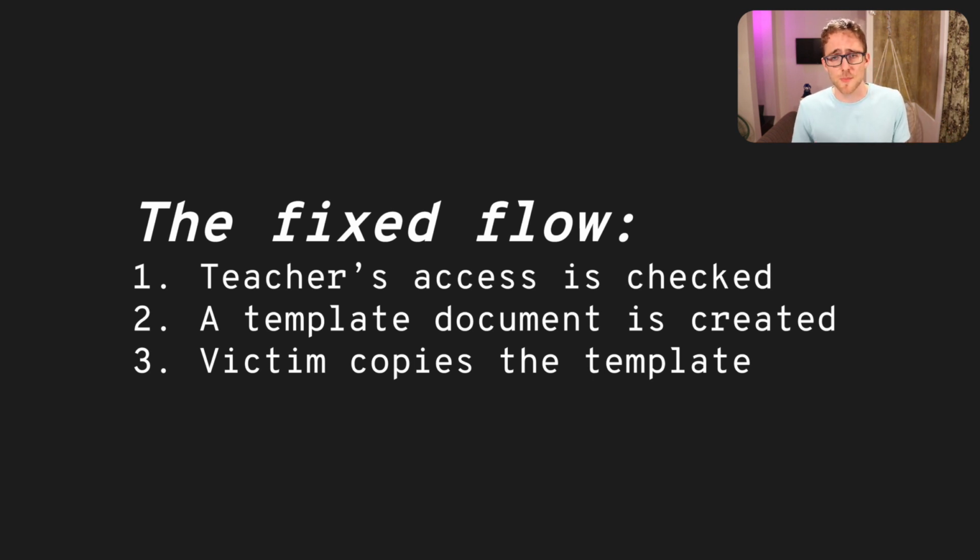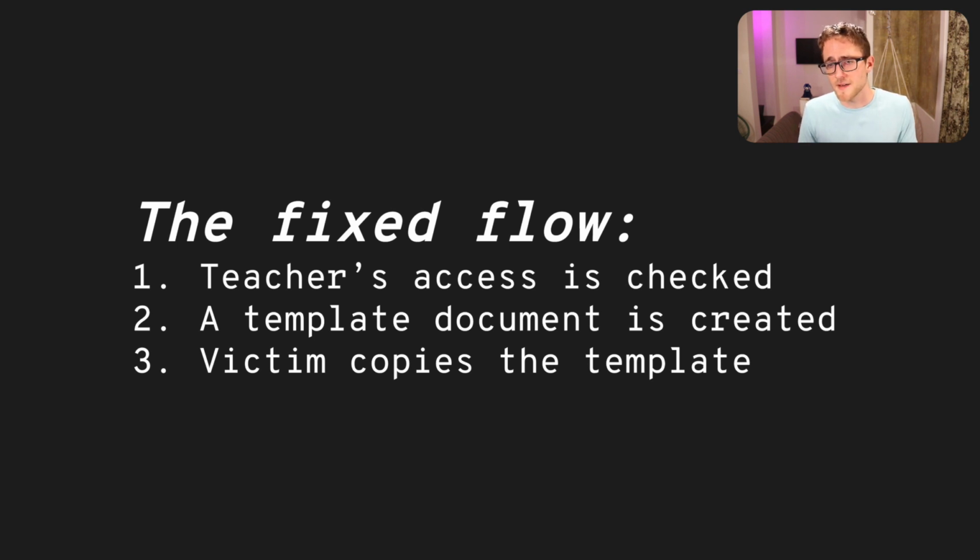This new "make a copy for each student" flow looked like this. First, the teacher saved the assignment, which had a document attached to it. Second, the classroom tried to make a copy of the document from the viewpoint of the teacher. If that was successful, then the copy was saved as a template in the Google Drive folder.